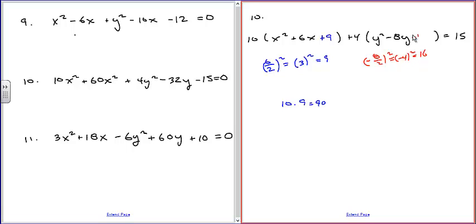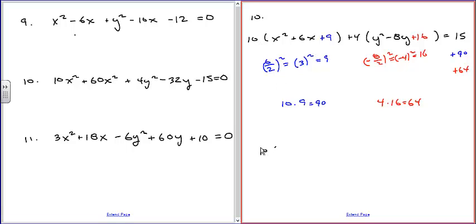So we add 16. But we're really adding 4 times 16, which is 64. So we need to add 90 here. We need to add 64 to balance out what we're adding on the left-hand side.